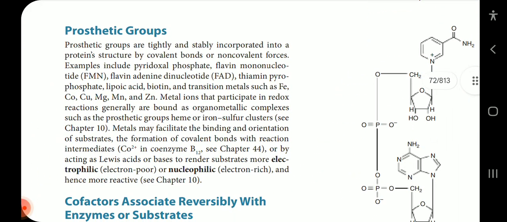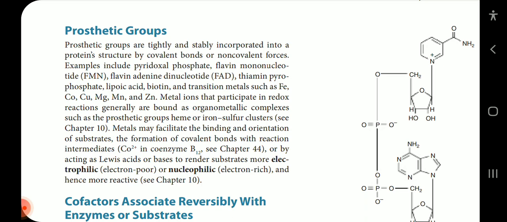Prosthetic groups are tightly and stably incorporated into a protein structure by covalent bonds or non-covalent forces. Examples include pyridoxal phosphate, flavin mononucleotide (FMN), flavin adenine dinucleotide (FAD), thiamine pyrophosphate, lipoic acid, biotin, and transition metals such as Fe, Co, Cu, Mg, Mn, and Zn.